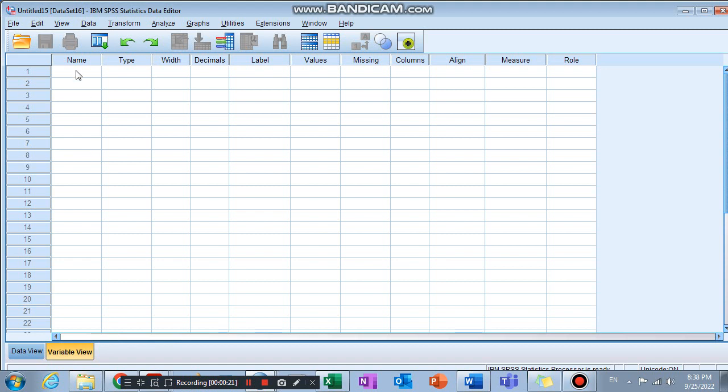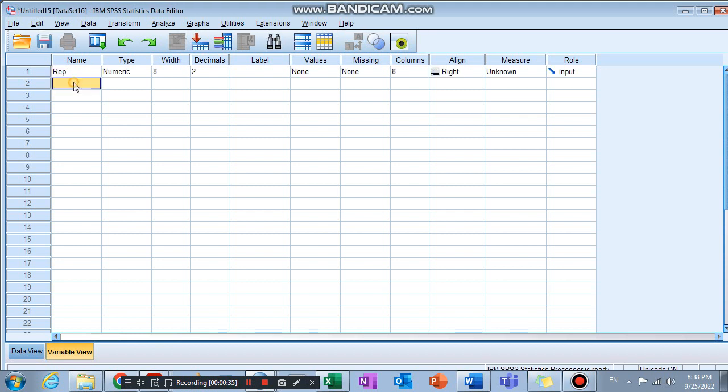On the second page, we come to the first column, then we start writing our variables. We can start with our replication, rep, then the first factor of our experiment, silicon, and the second one, salts.